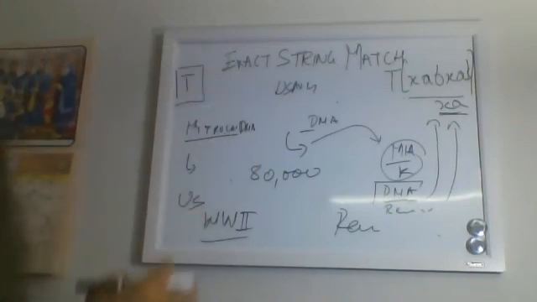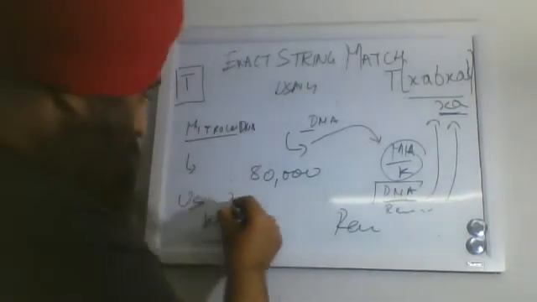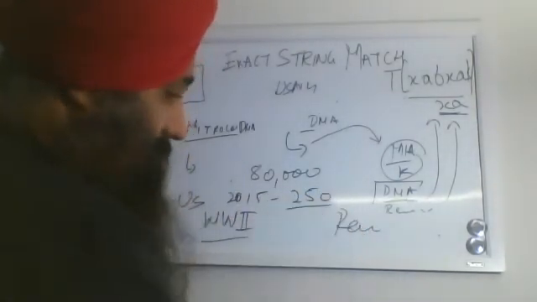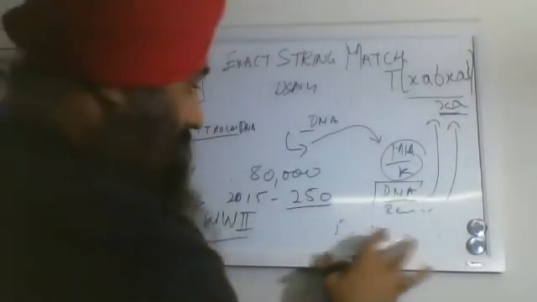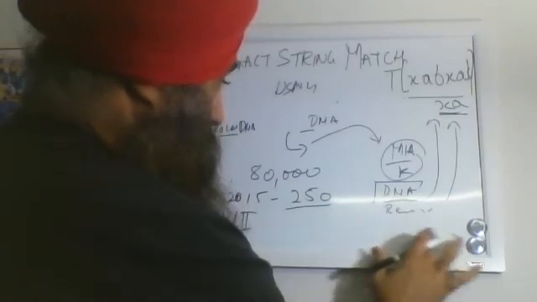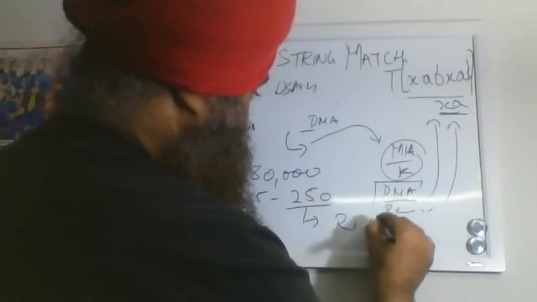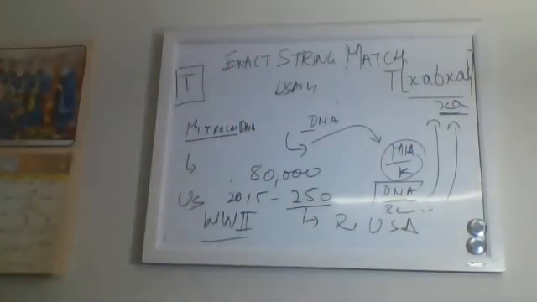And using this exact string search and suffix strings, on an average since 2015, 250 remains every year have been recognized. Basically, 250 soldiers' remains have been repatriated to the US every year for the last 5 6 years.